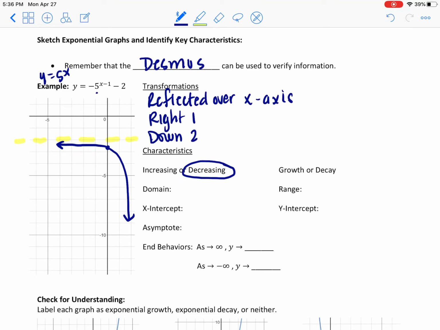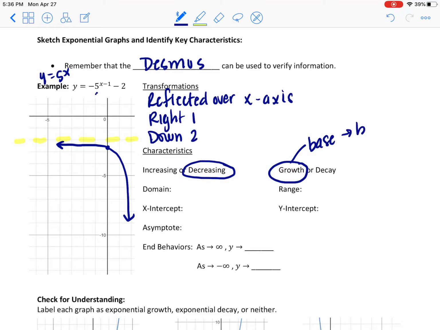Alright, so increasing or decreasing? Well, if we read this graph from left to right, it's definitely decreasing. Now we have to be really careful here. Just because this graph is decreasing does not mean that it is decay, because the base of our exponent is this 5. That is exponential growth.